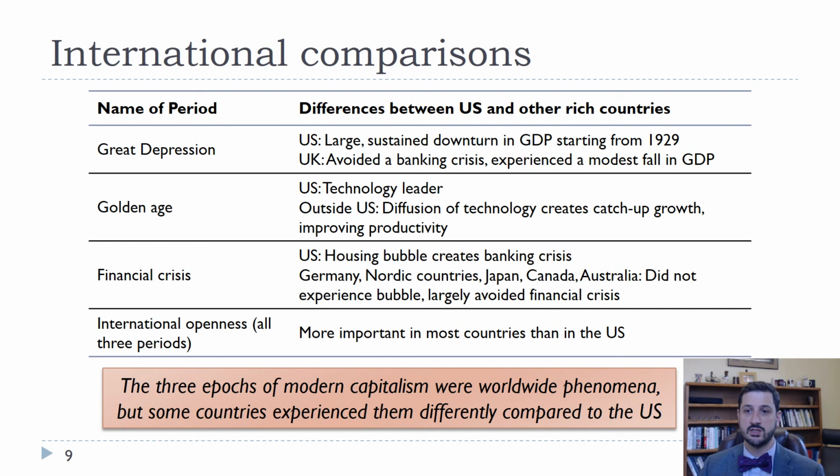But other countries did not experience a bubble and largely avoided the financial crisis. Interestingly, Texas actually had much less of a housing bubble than a lot of states because they had put in regulations in the 1980s and early 1990s because of their own regional housing bubble that had helped fuel the savings and loan crisis of that time.